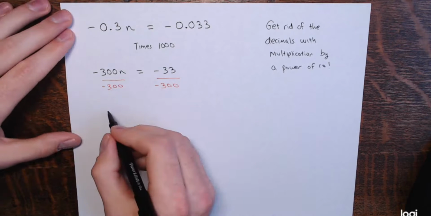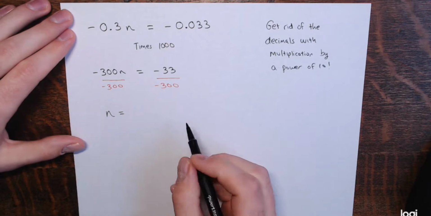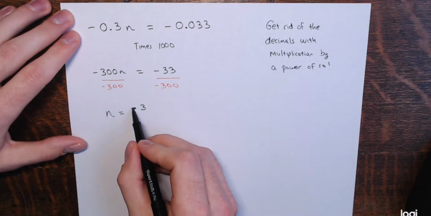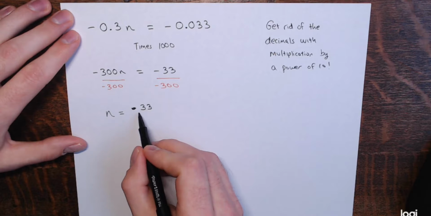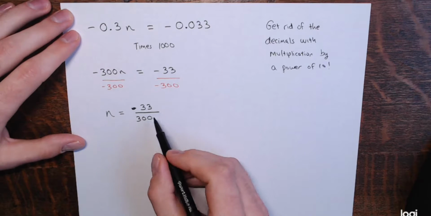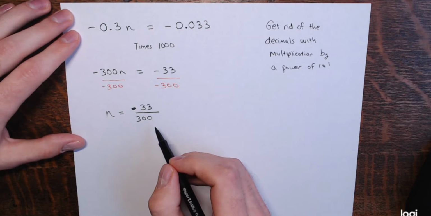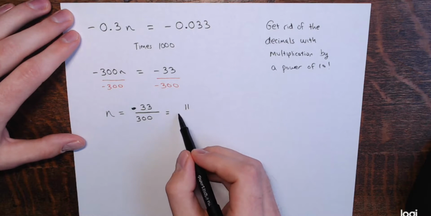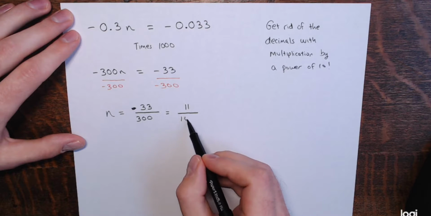So n equals negative 33 divided by negative 300, well, it's going to be positive because it's a negative divided by a negative, 33 divided by 300, which if you divide out the common factor of 3, this is 3 times 11, this is 3 times 100, so you have 11 hundredths.